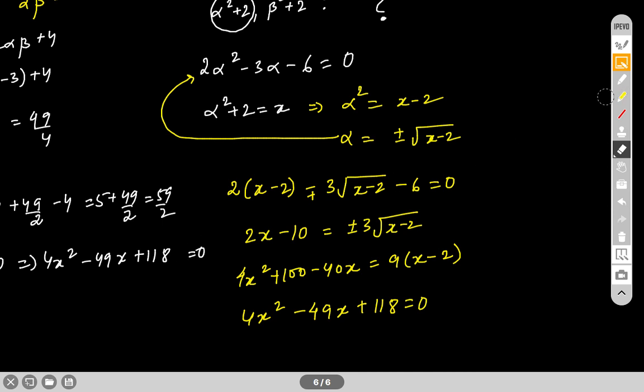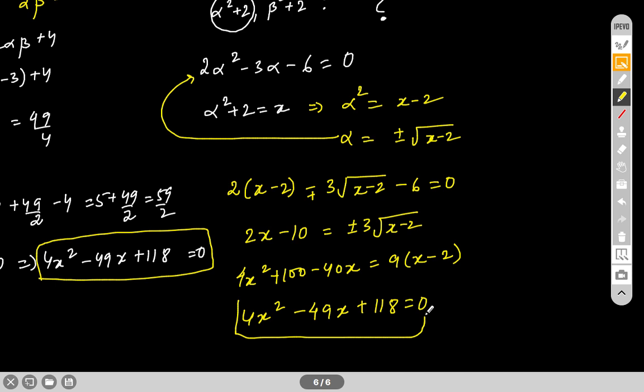You see, you get the same answer. We had this answer, and now I've also got the same answer. Which one is faster? This one. See the power of transformation of equations.